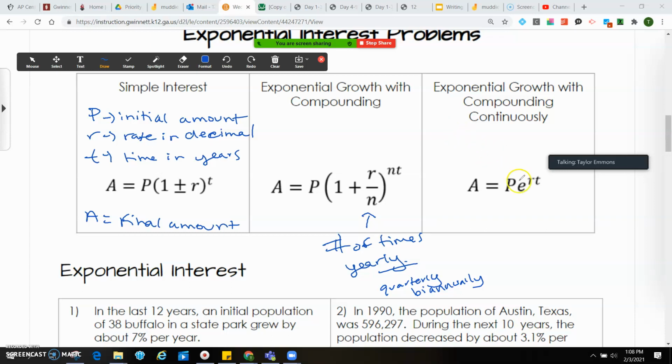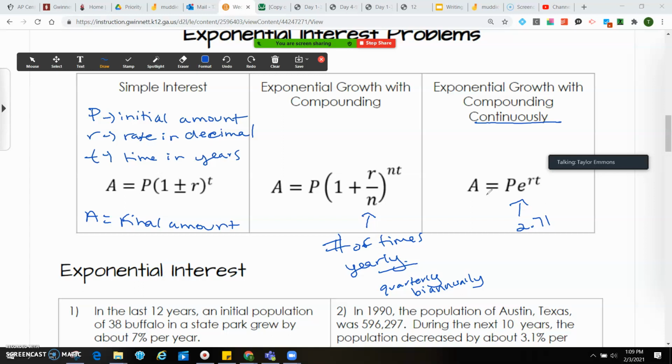And obviously last week we talked about what E represents, and E is that 2.71 number. Whenever you see the word continuously, you're going to use this compound continuous interest formula.